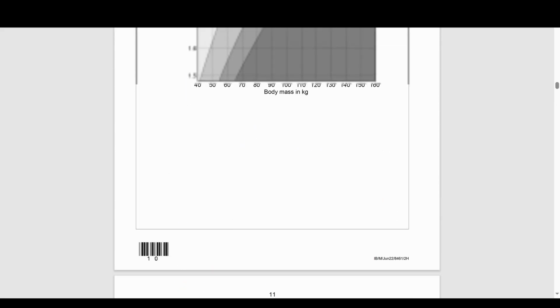3.4. Person B is 1.9 meters in height. Give the range of body masses that would put person B in the healthy weight category. So this time we're looking for 1.9, but we need to stay in the healthy weight category now.